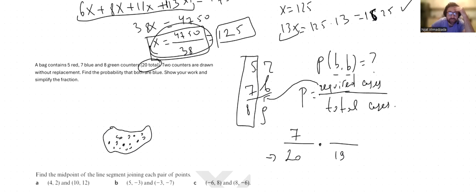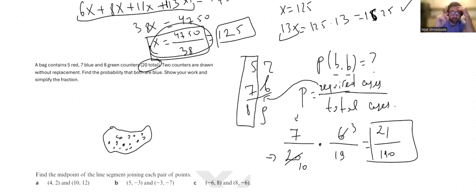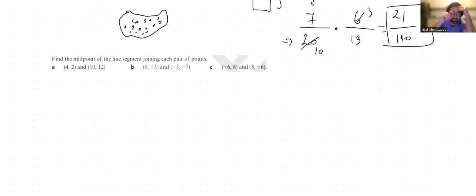Right now, I have 6 of the blue ones because one of the blue ones already has been taken. So you do this calculation and you will get, so this will be 10, this will be 3. So 7 times 3 and 10 times 19, okay? That's it. This will be the probability. Again, for the theoretical background, watch the other videos that will be uploaded later.